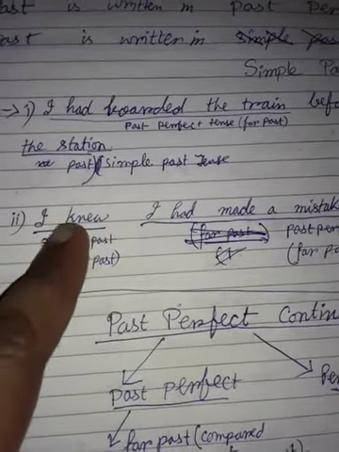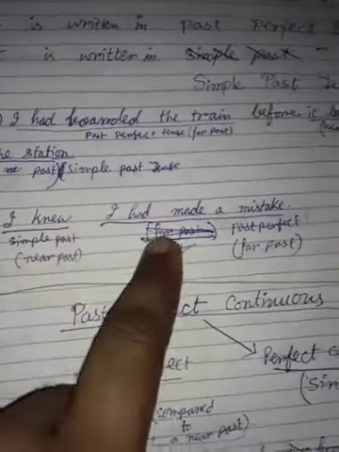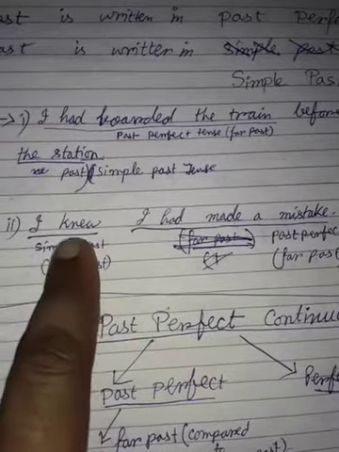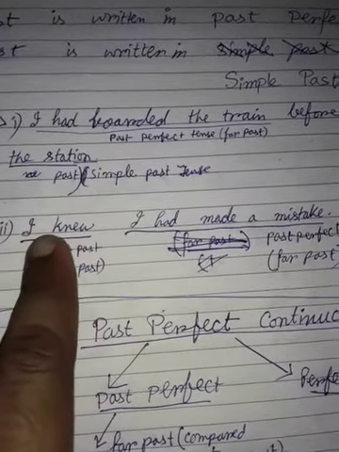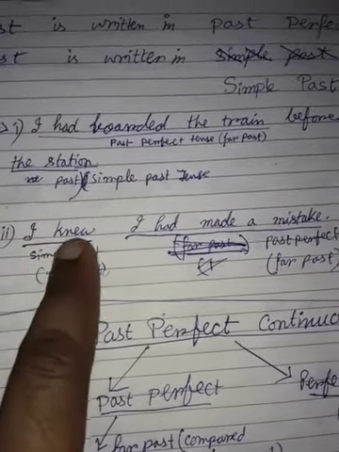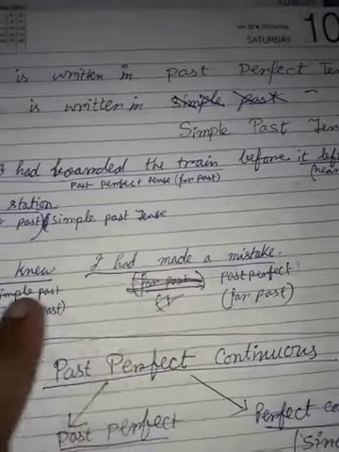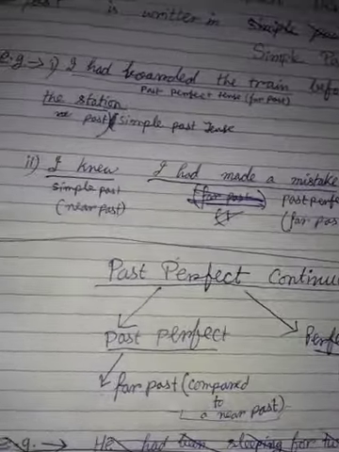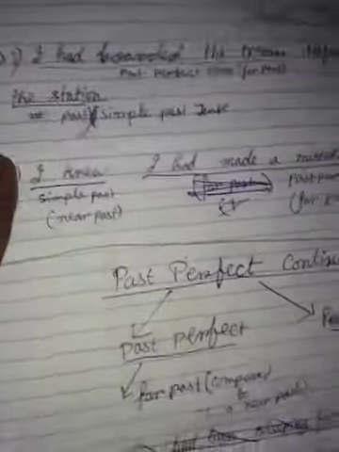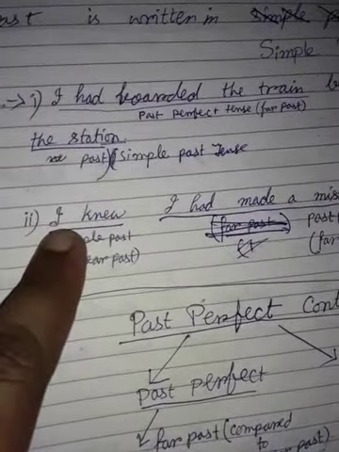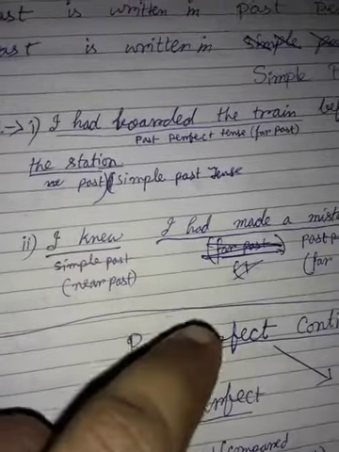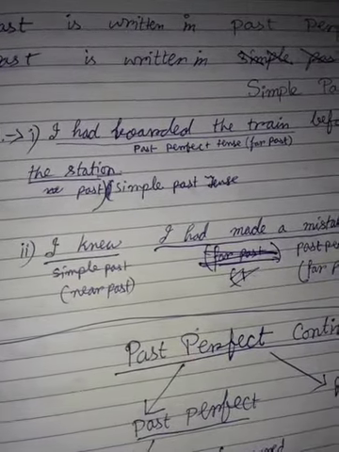Look, here are also two events. I knew I had made a mistake. Two events, of course, two incidents. First one is I knew, and then there is another, I had made a mistake. Now you can be sure that these two events can never happen together. One event must have happened earlier than the other.